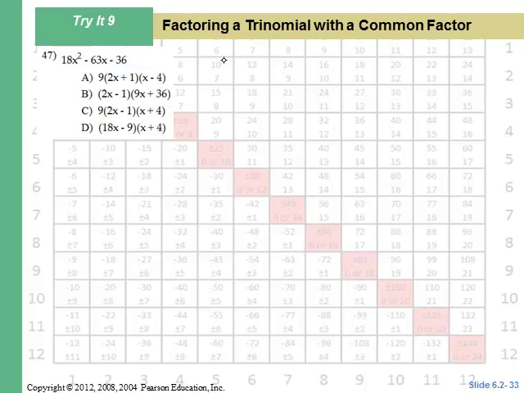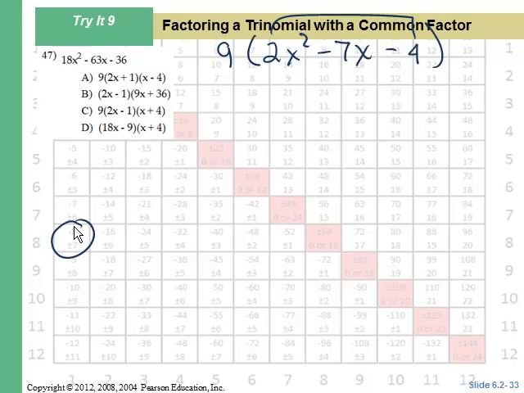Okay, let's factor a 9 out of this, and we're left with 2x squared minus 7x minus 4. These two multiplied equal 8, and are 7 apart, which is 8 and 1, so minus 8x plus x minus 4, 2x squared.